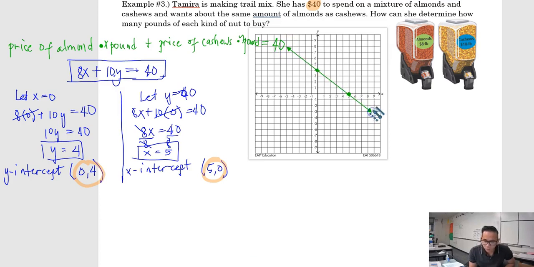You see the line is decreasing. So the line that we have, the 0, 4 is our y-intercept. That represents the 4 pounds of cashew, and the x-intercept is the 5 pounds of the almond.